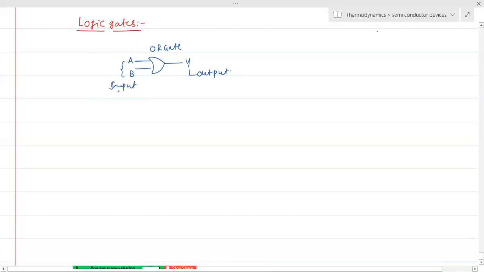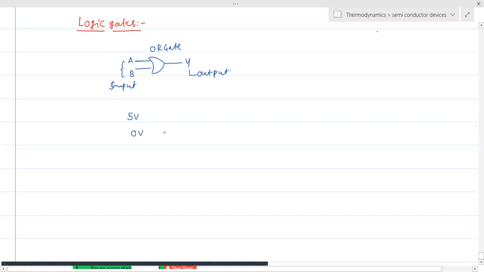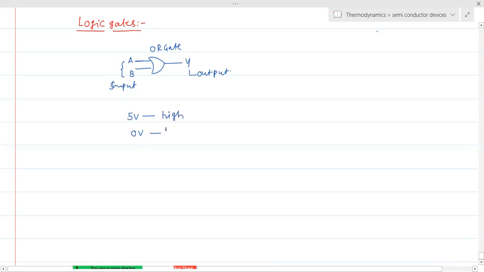Generally, in the inputs we will provide only two variables. Either we will provide 5 volts or 0 volts. We used to call 5 volts high voltage, and we used to call 0 volts low voltage.